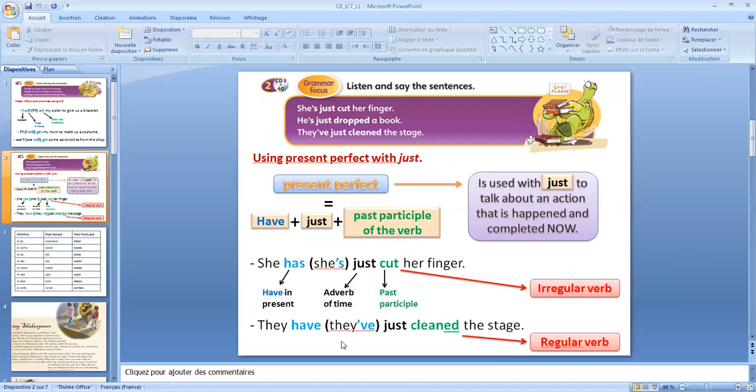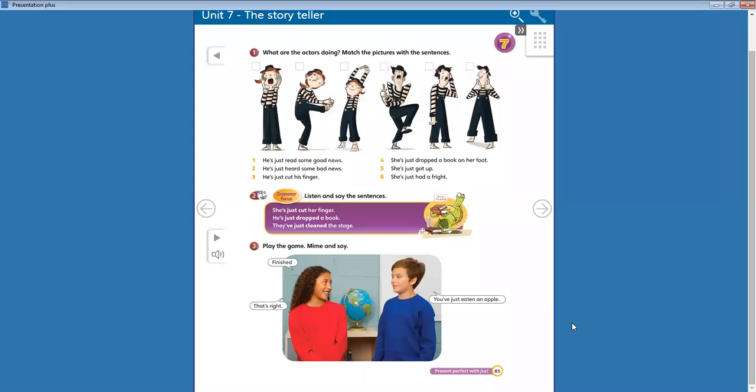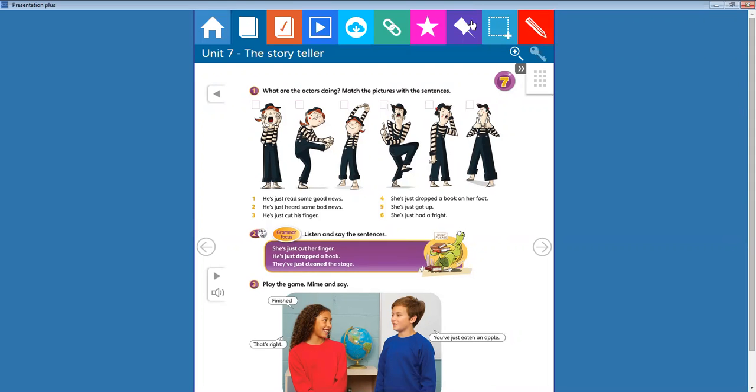So that was the explanation about this course. Let's give you some exercises about this course from your workbook. Okay, wait a minute.